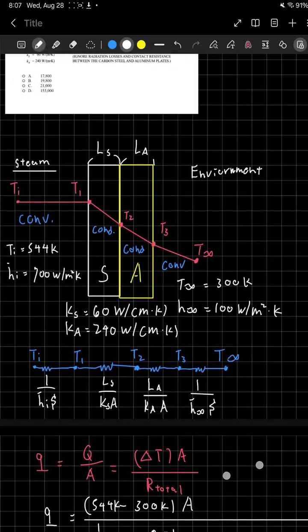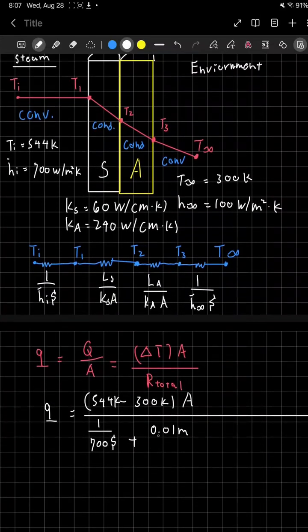So it's 10 millimeters, and we're changing it to meters, over our thermal conductivity for carbon steel, which is 60, times our cross-sectional area, plus another 0.01 length for the aluminum, over 240 for the thermal conductivity of aluminum, times area, plus 1 over, finally the last mode of heat transfer, 100 for the heat transfer coefficient for the environment, times the surface area.